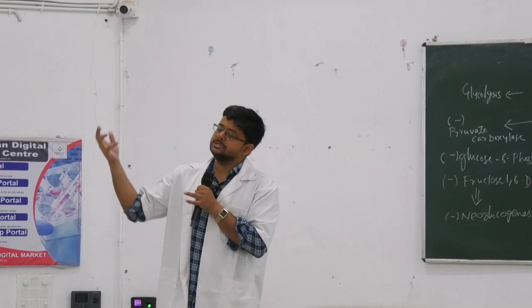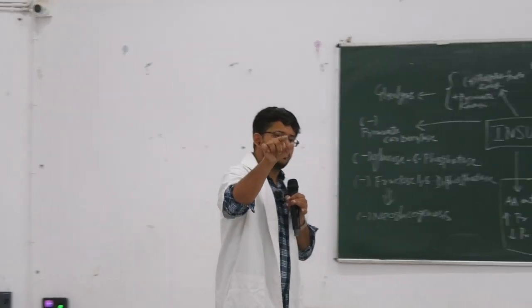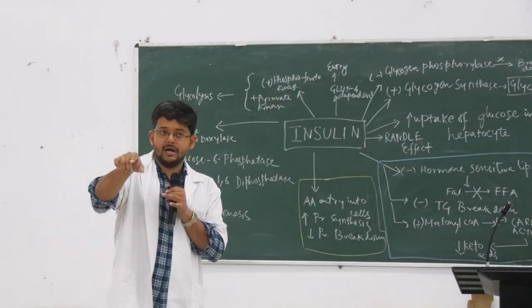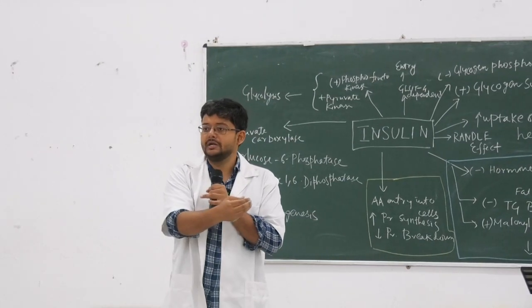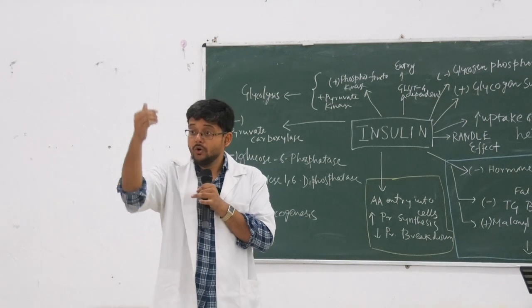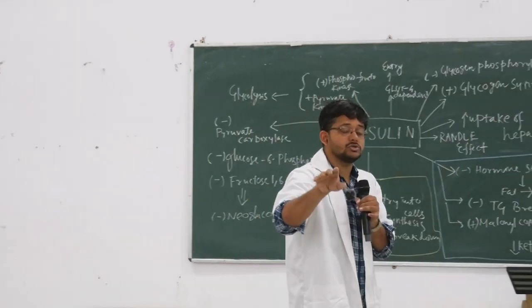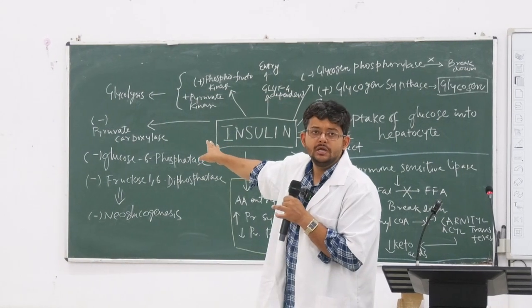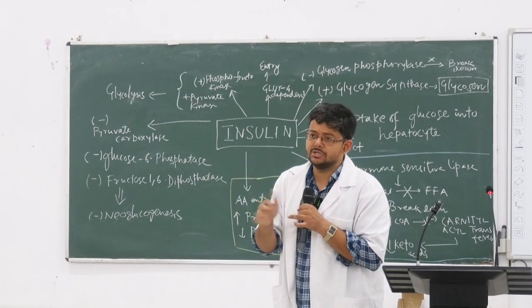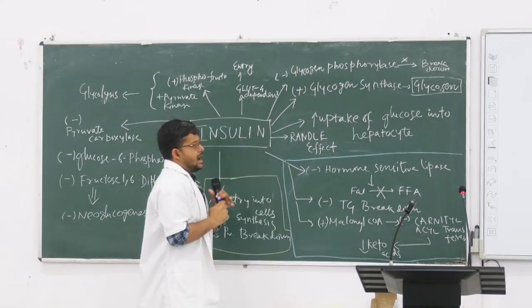Whenever glucose is adequately or highly available in blood, this GLUT4 will open up, and glucose will enter into the cell. If glucose enters the cell, what happens to glucose in blood? It decreases. So that's the function of insulin. It will reduce the blood glucose. One point is over.